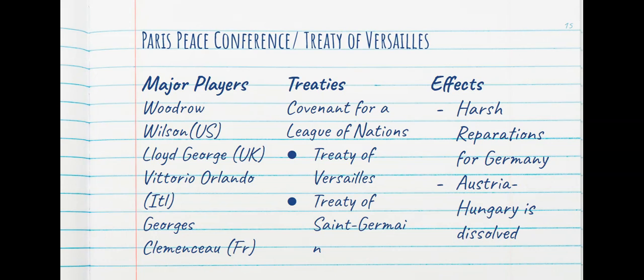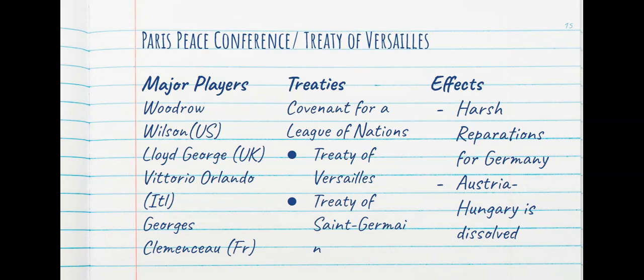France is specifically kind of angry at Germany. Germany invades France and they destroy farmland and French land, and they kill almost all of a generation of France's men. And so this kind of leads to two treaties.